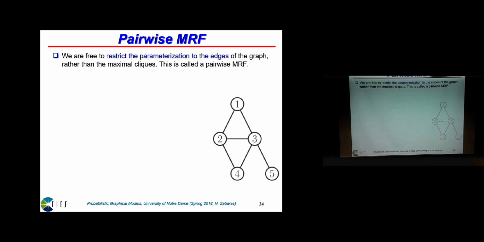All right? So this is a parametrization that only accounts for pairwise potentials. Now, you may say, but this is not maximal cliques, right? I can see here potential 1, 2, 1, 3, 2, 3.